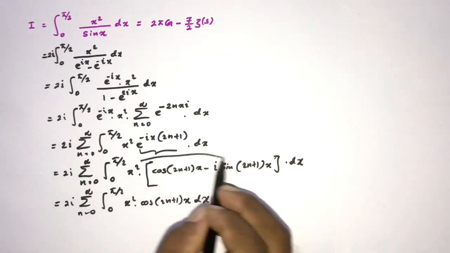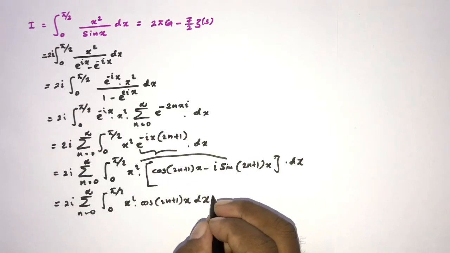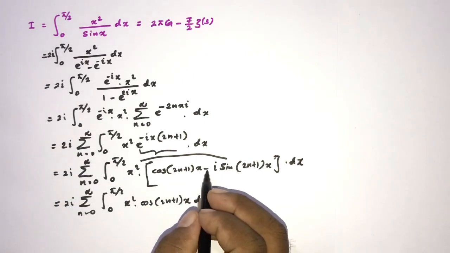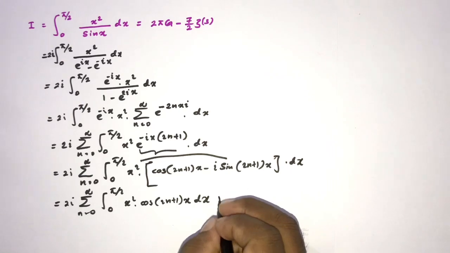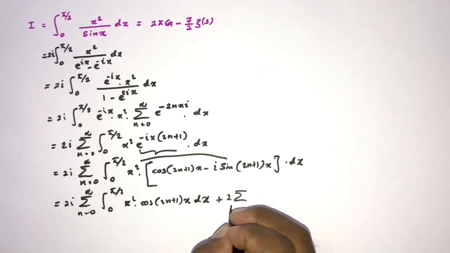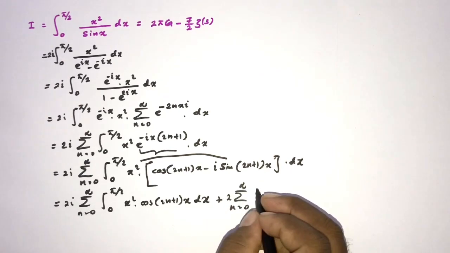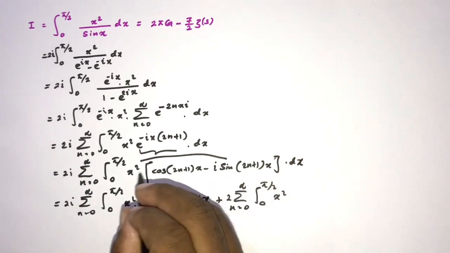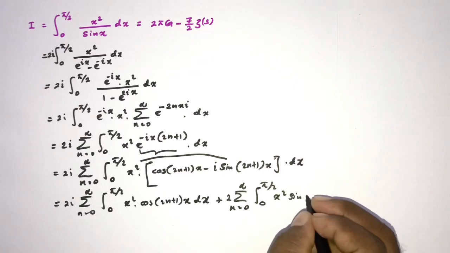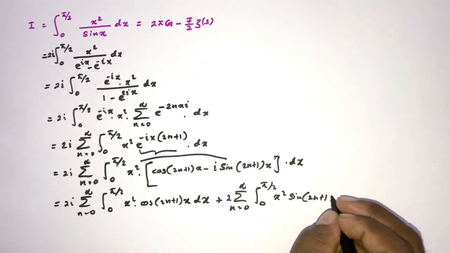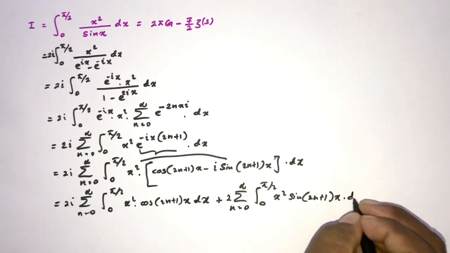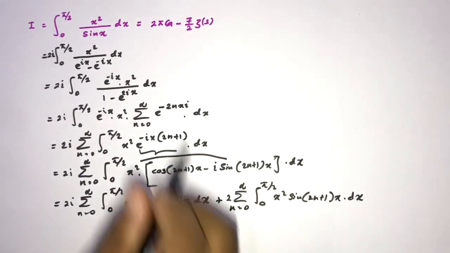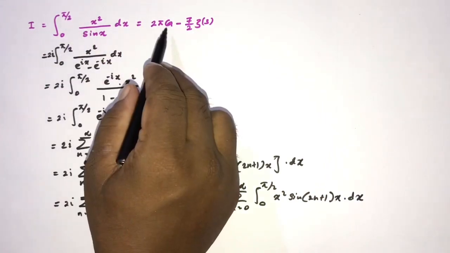Then we can multiply this. So we have i times i, we know i squared is minus 1, so here also we have a minus sign, so plus 2 times the infinite sum 0 to infinity, integral from 0 to pi over 2 of x squared times sine of 2n plus 1 times x dx. Now we have our integral of x squared over sine of x, and this is the answer.